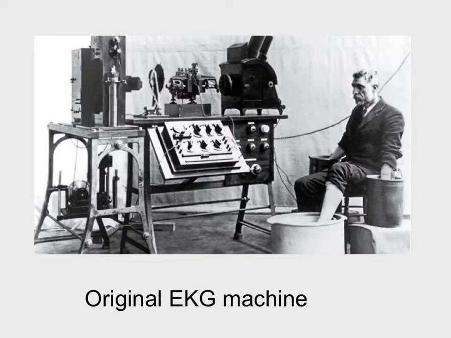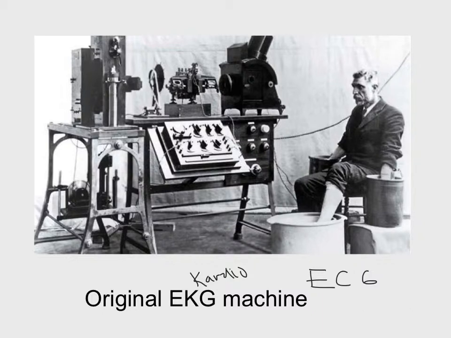This is a funny picture. This is the original EKG machine, electrocardiogram. This was cardio spelled with a K. Sometimes in some places over in Europe they call it an ECG.